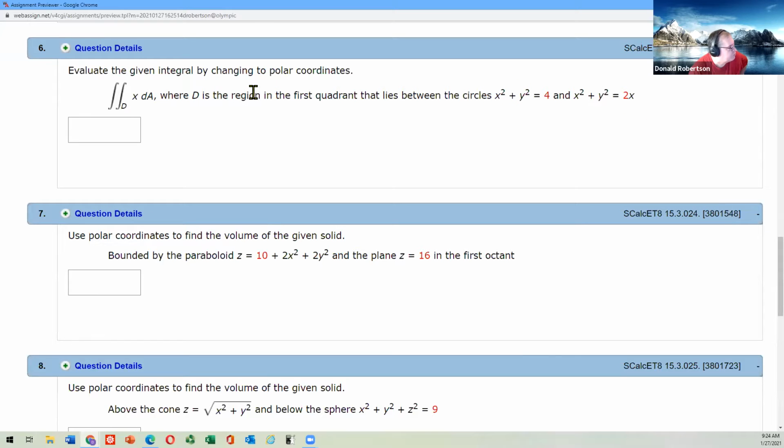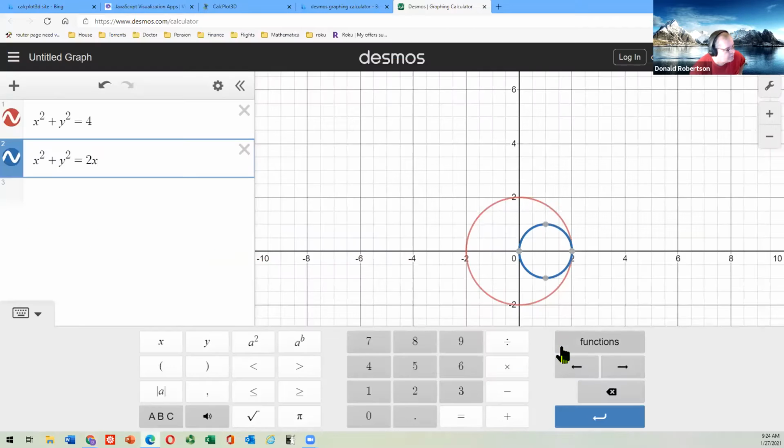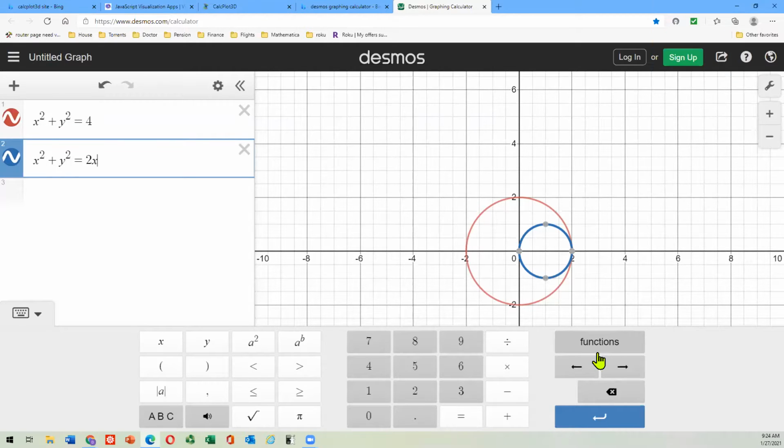Equals 4, where D is the region in the first quadrant that lies between the circles. Why does that not look right? So you're integrating like a crescent moon shape?